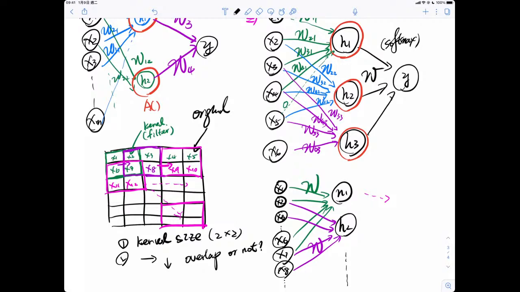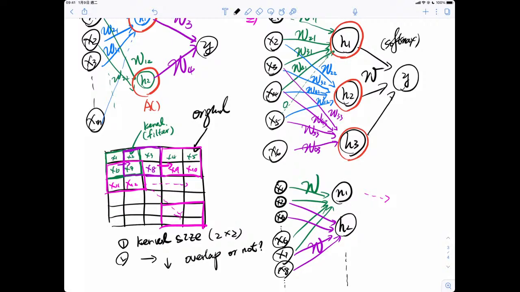But you can ask the convolution layer not to overlap those kernels. X1, X2, X6, X7 is the first neuron, and 3, 4, 8, 9 can be the next one. They are not overlapped. You can decide.